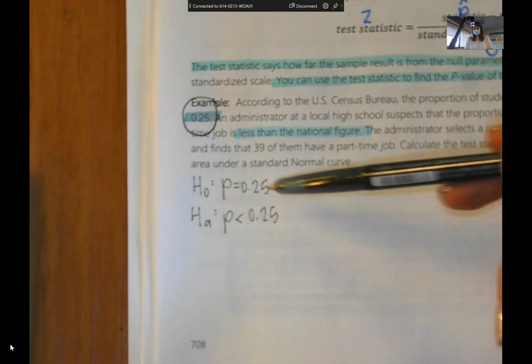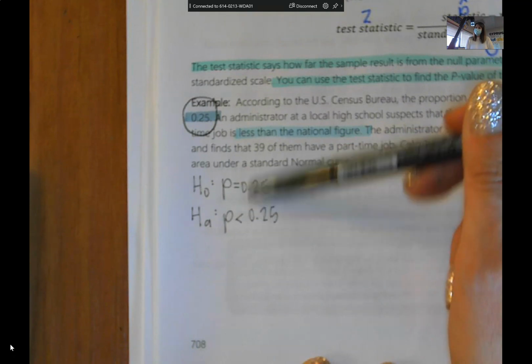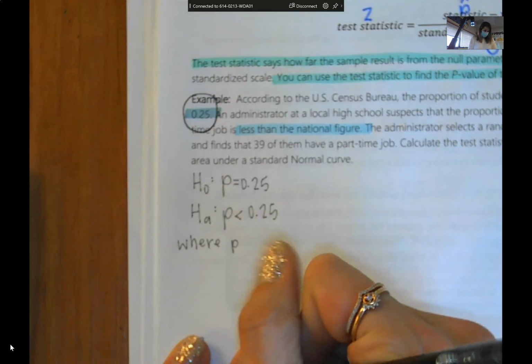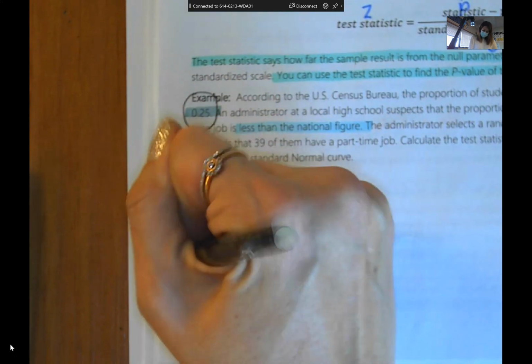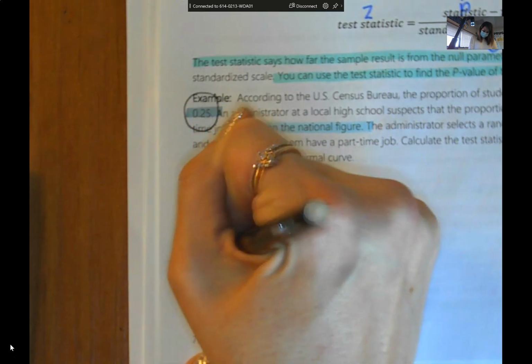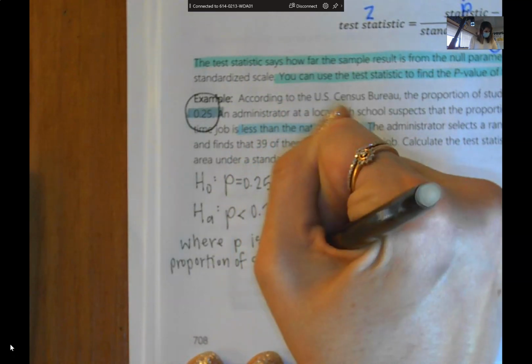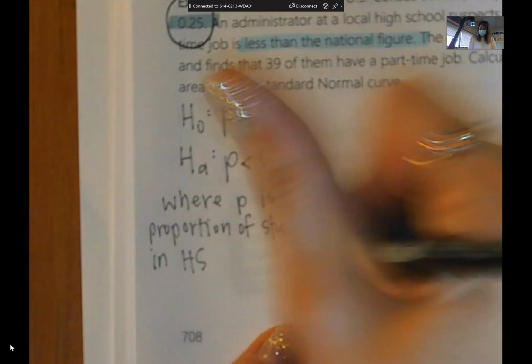One reminder here is that we always use the same value for the null and the alternative. It's the symbol that changes. Then we have to define p, where p is the proportion of students in high school who have a part-time job.